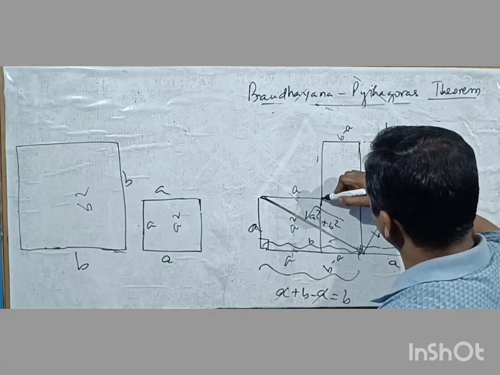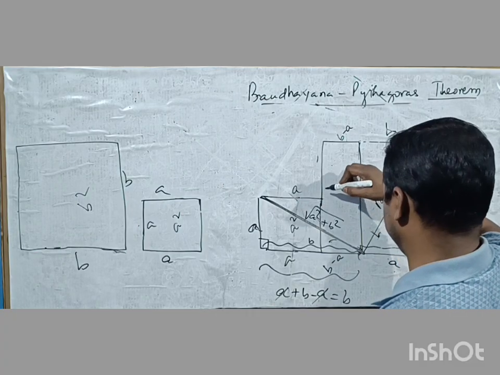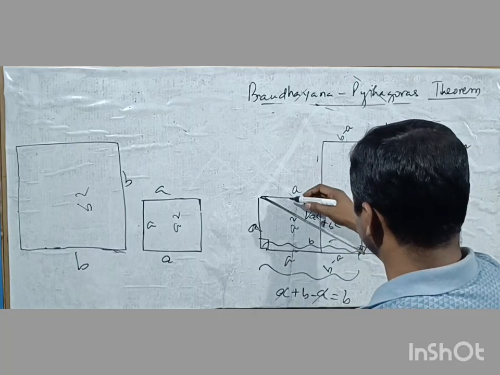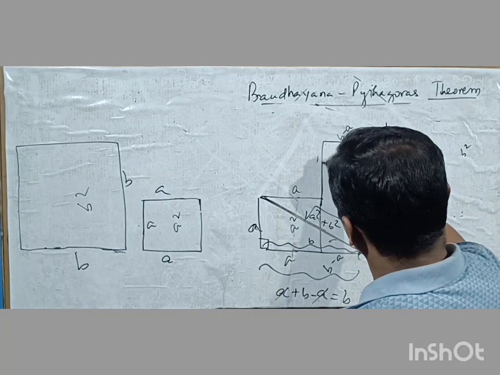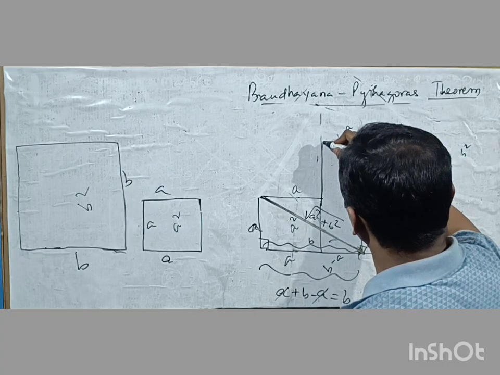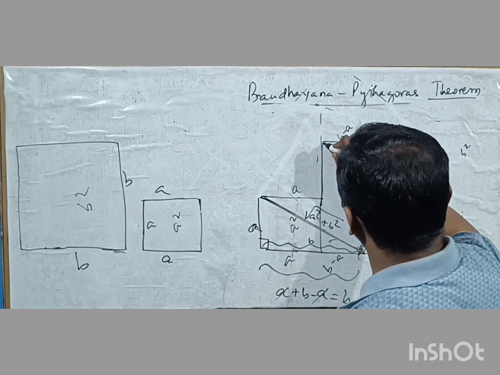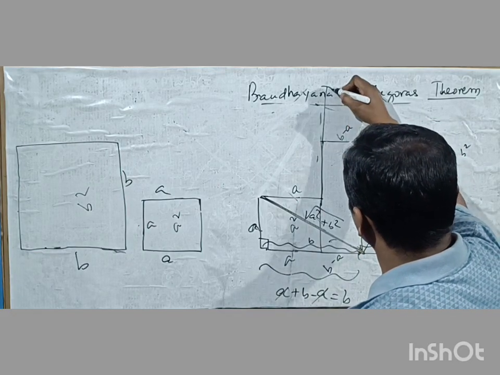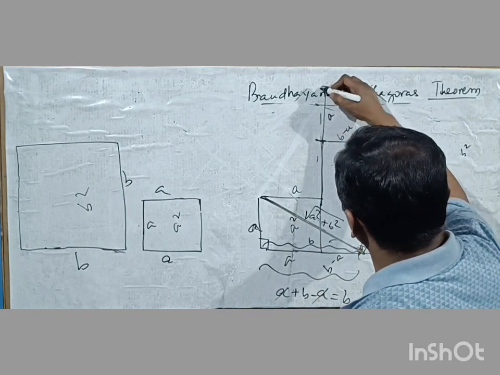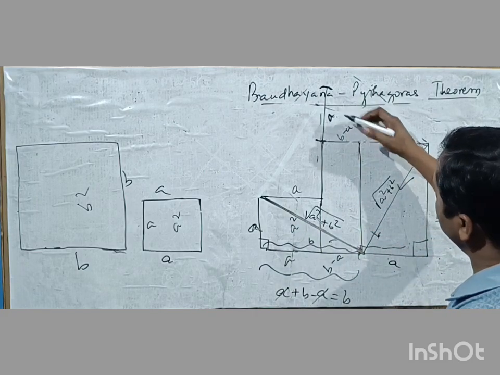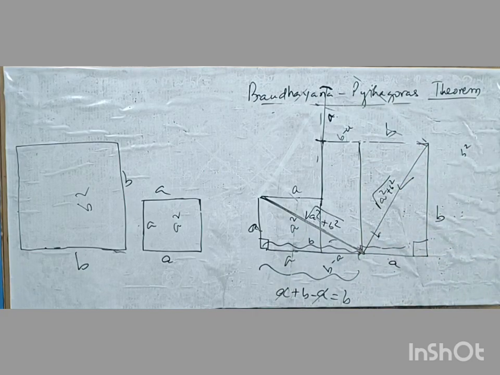So if I take A here, B here, this is the A. If I take B here, this is B minus A. So I am taking A amount here, this amount A. This is A and this is B minus A. Okay.